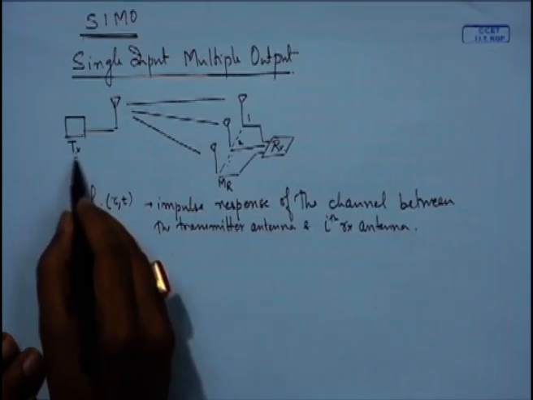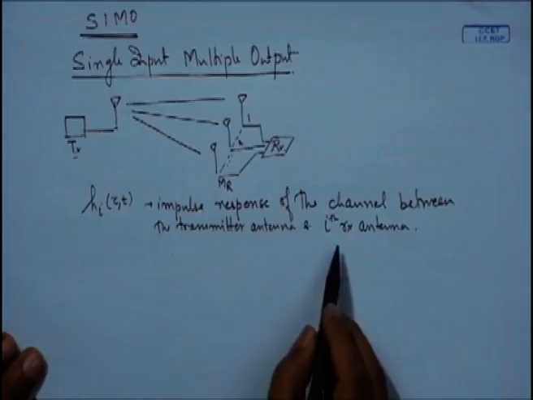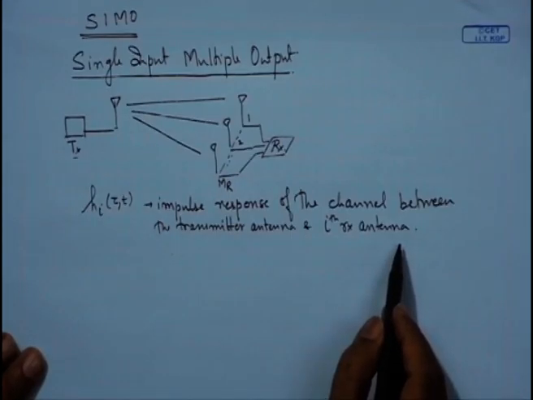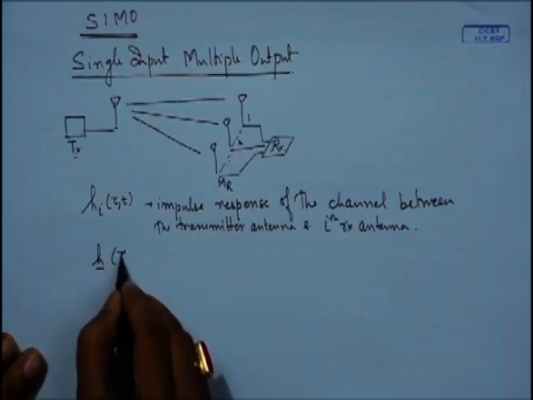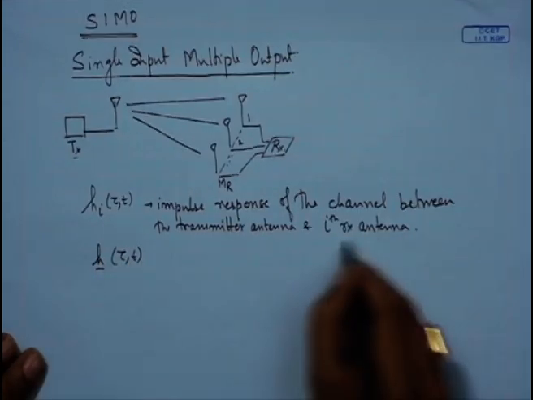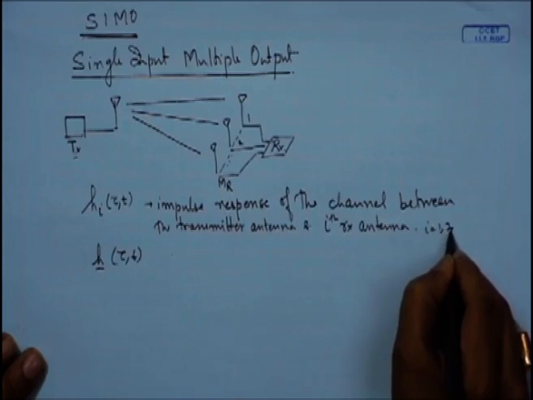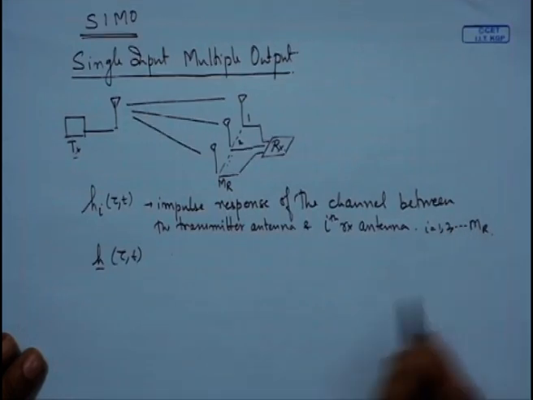We'll use Tx for transmitter, Rx for receiver. So this is how it is given, and we can represent h of tau comma t, where of course i is equal to 1 up to M_R.